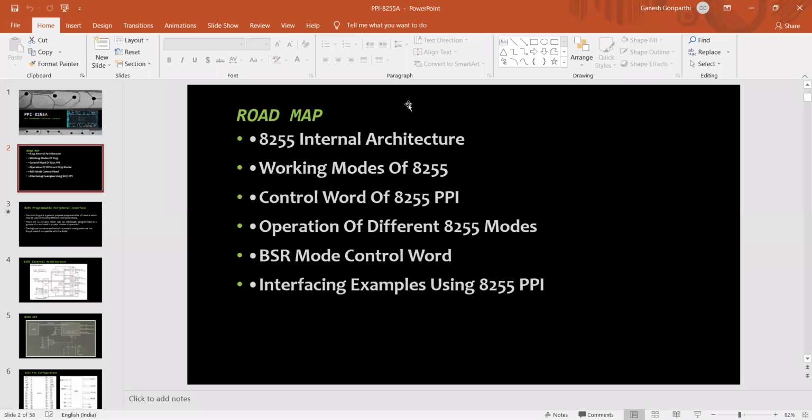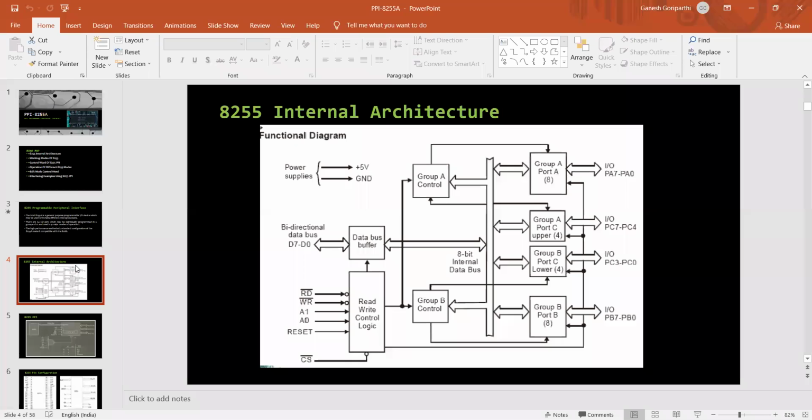These were the topics to be covered under the 8255. We finished the internal architecture of 8255. This was the internal architecture.